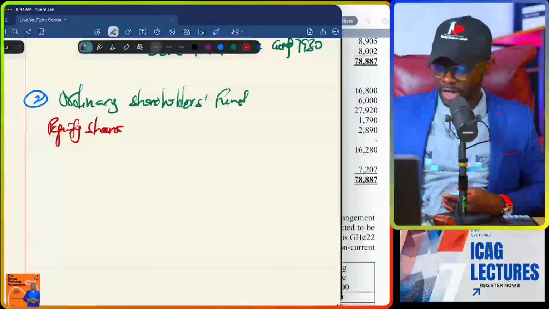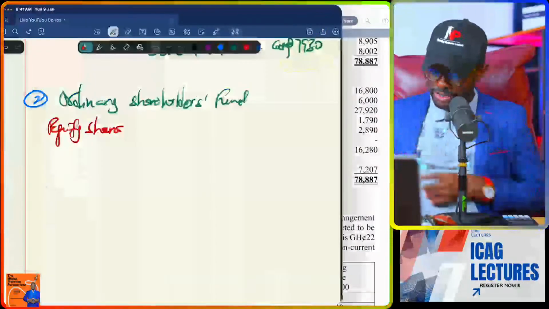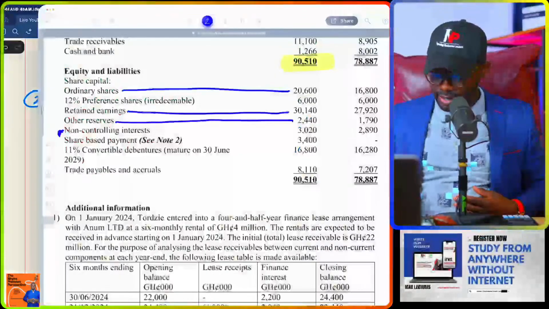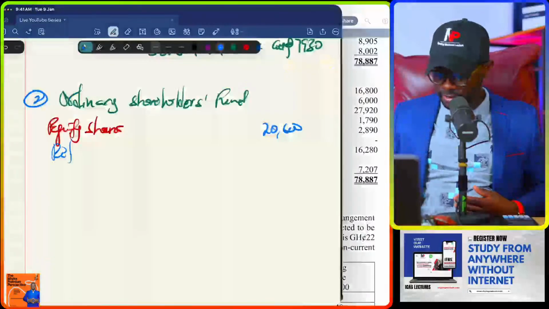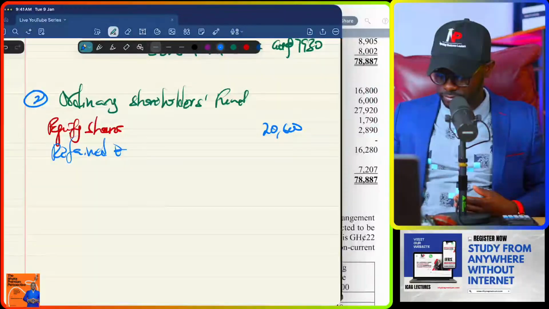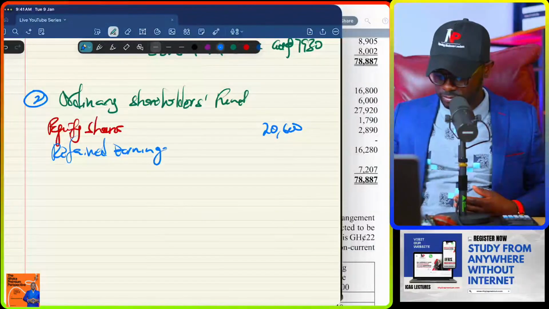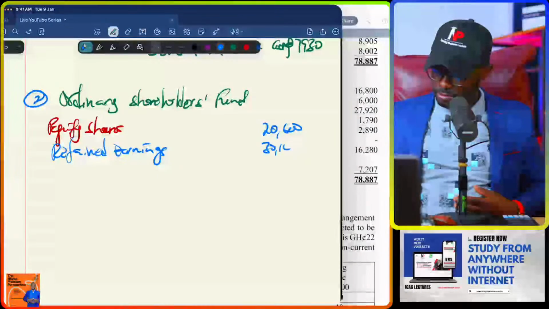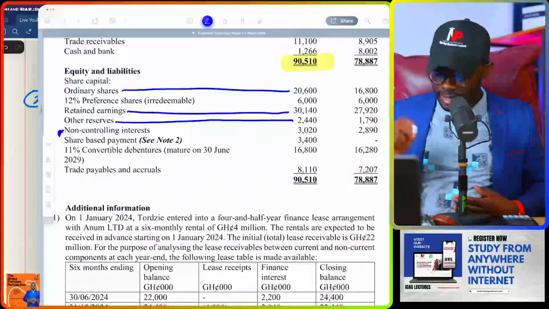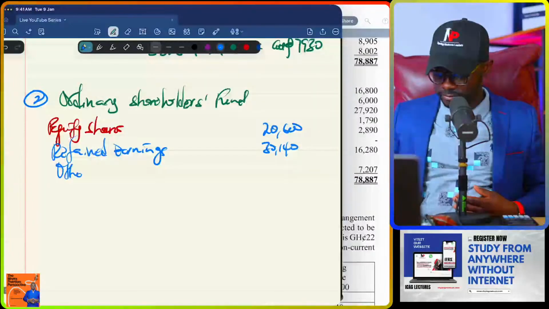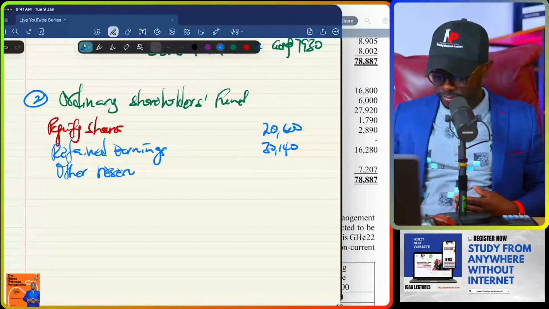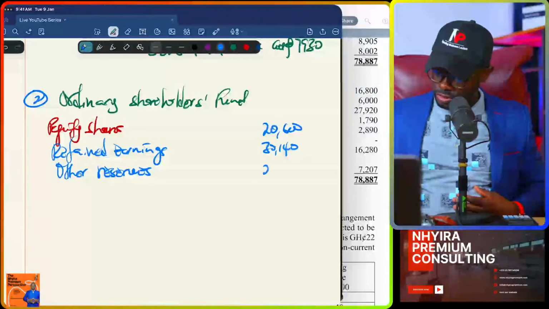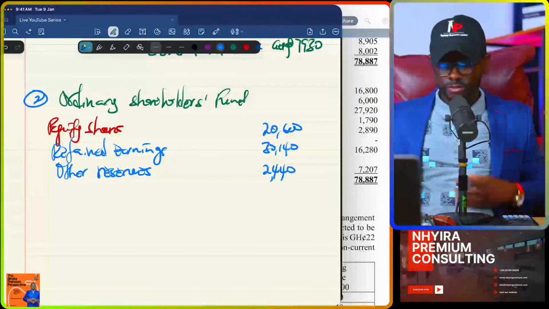How much did we get for equity shares? 2,600. Then we bring the second item, retained earnings, and that is 30,140. Then other reserves, that is 2,440. Stay with me.